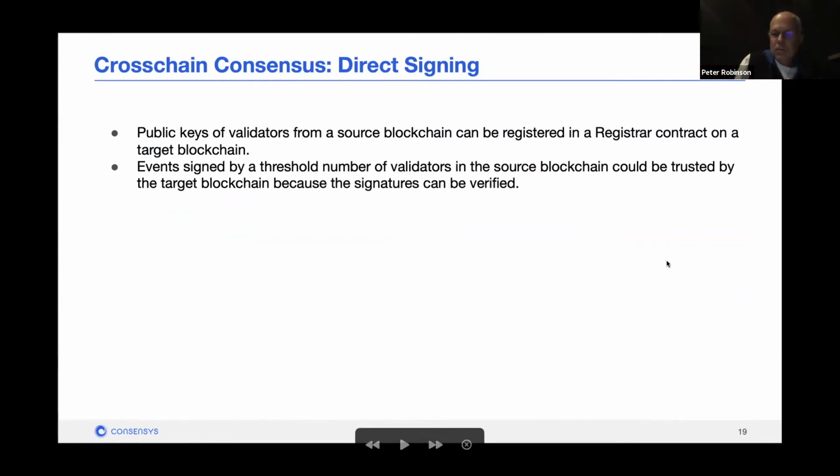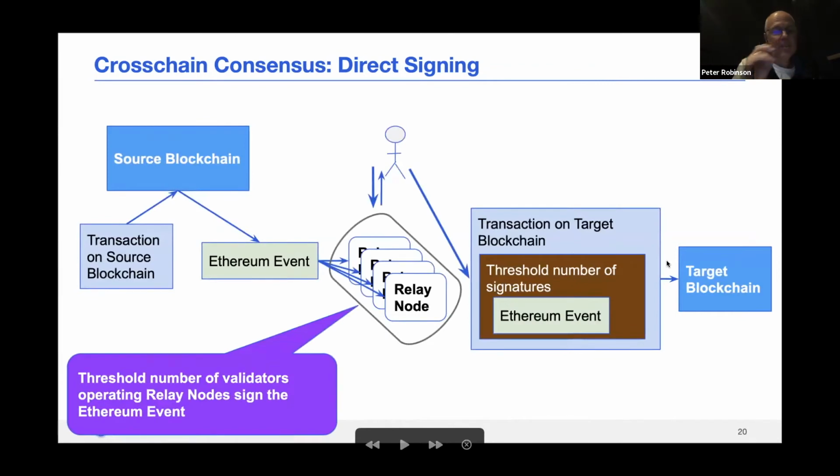And so what this looks like is this. You submit a transaction on the source blockchain, you emit an event as part of that function call, and then you have relay nodes, and they cooperate together to have a threshold number of them sign the event. Each one would have the event, and when it deems the event is part of a transaction which is final, it fires that off to the other relay nodes.